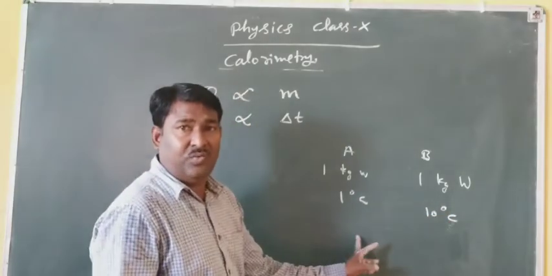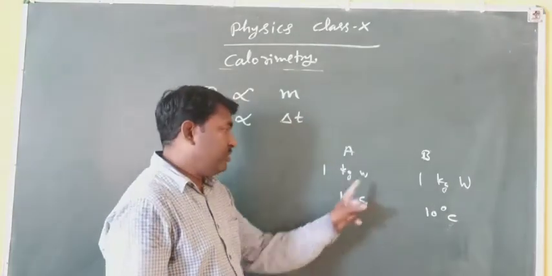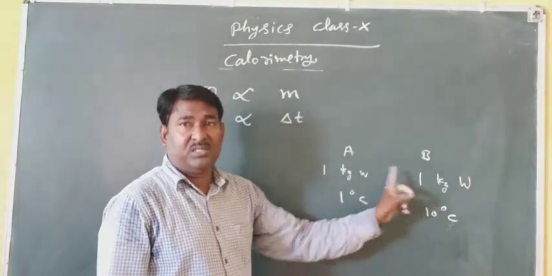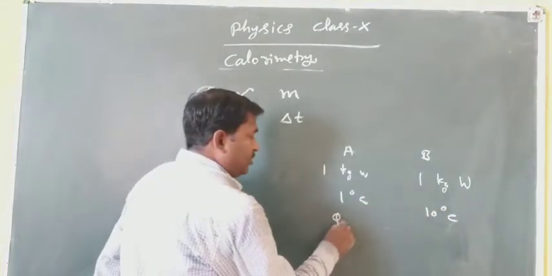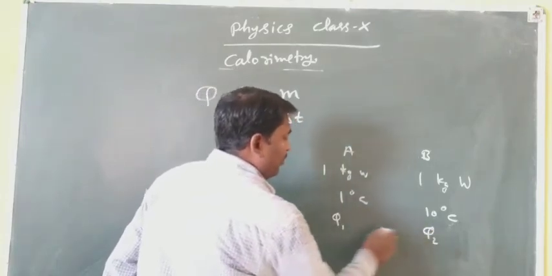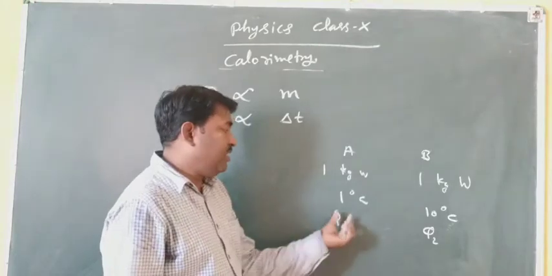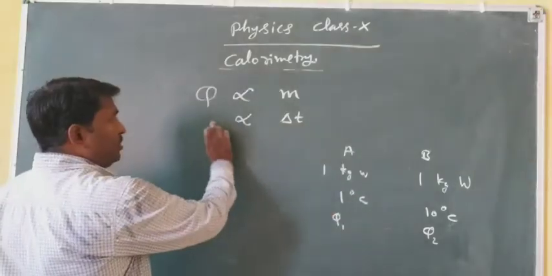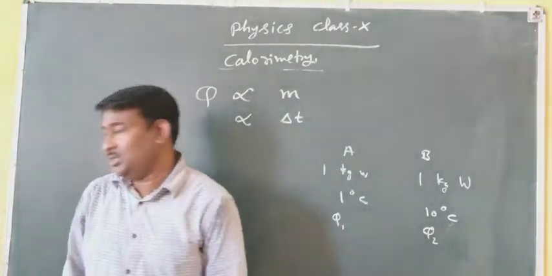Will you require the same amount of heat? The substance and the masses being the same, the amounts of heat Q1 and Q2 will definitely not be the same. It depends upon the change in temperature. That's why Q is directly proportional to the change in temperature.